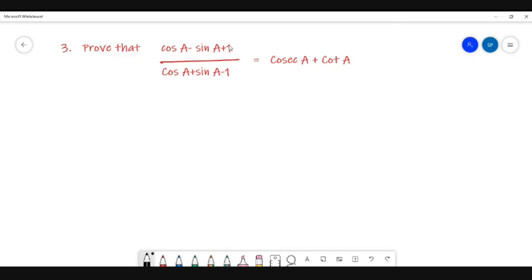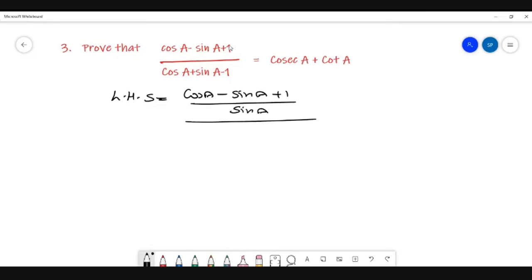So let us write LHS as (cos a minus sin a plus 1) divided by sin a, whole divided by (cos a plus sin a minus 1) by sin a. That is, each of these terms we should divide by sin a.